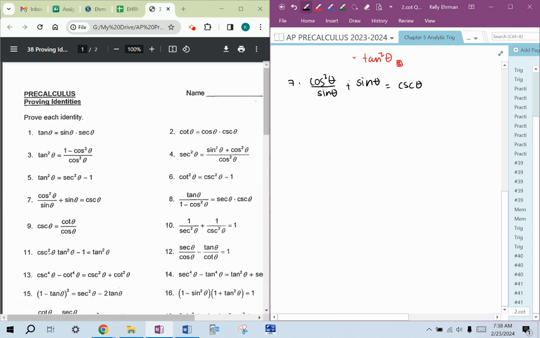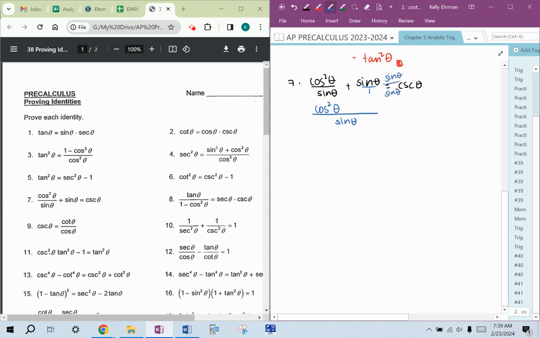Everything's in terms of sine and cosine over here. I have a fraction plus something else. So the first thing I should try is getting a common denominator. So the common denominator would be sine theta. The first fraction already has the denominator, so it's just going to be cosine squared. The sine over 1 would need to get multiplied by sine theta over sine theta.